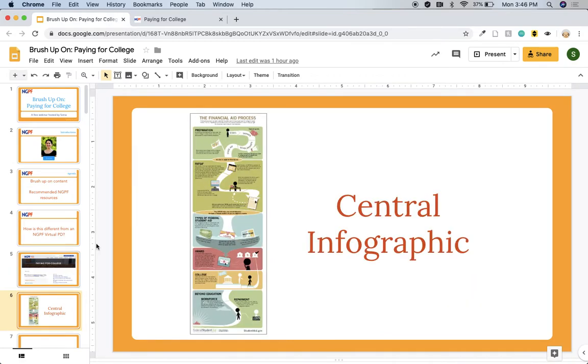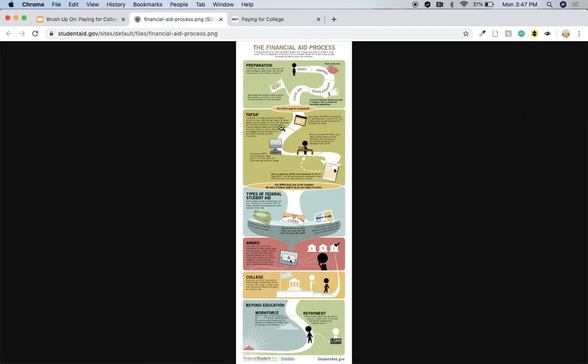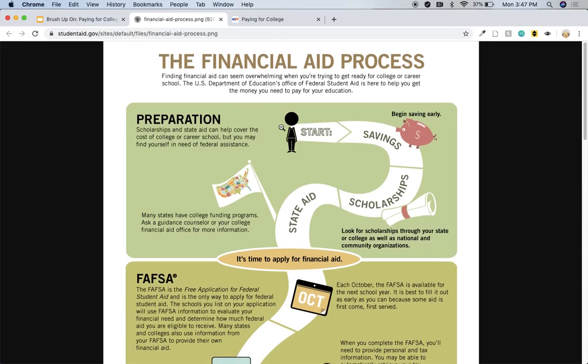Which is the perfect segue for me to explain that our Paying for College unit is based on a central infographic provided by the Department of Education. The reason we chose to outline our unit in tune with this infographic is that it chronologically outlines the financial aid process for a student.